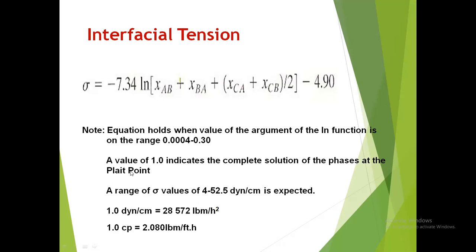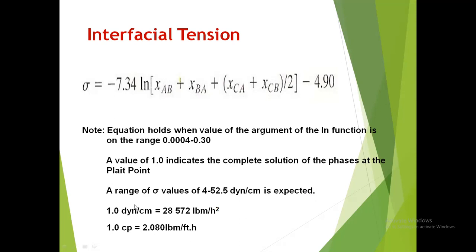So it's really impossible for separation to happen because there is complete solution of the phases. The phases being referred to here are your raffinate and your extract phases. Your extract phase carries the component of interest from the feed, and your raffinate, of course, has the rest of the components which were not extracted.